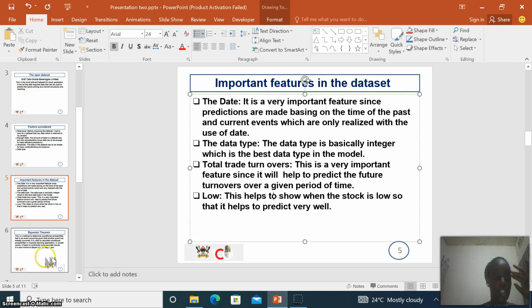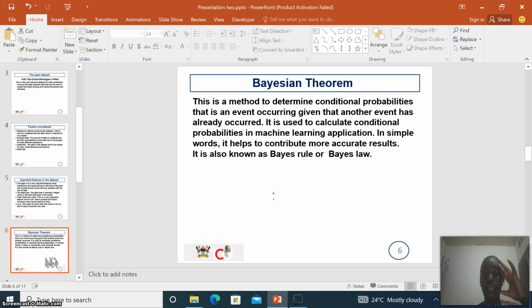Yeah, and then I'm also going to talk about the Bayesian theorem. Typically this is maybe call it a law, maybe call it a rule, and it was created by Thomas Bayes. So that's why it is called the Bayesian theorem, since I think he named it after himself.